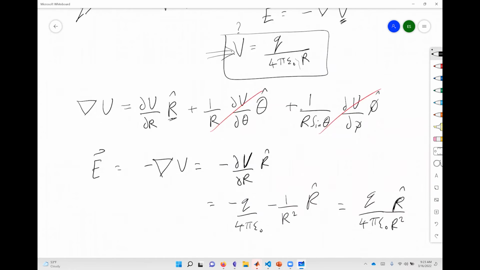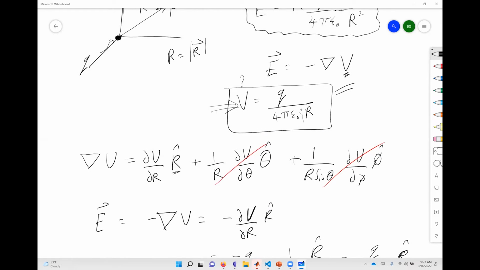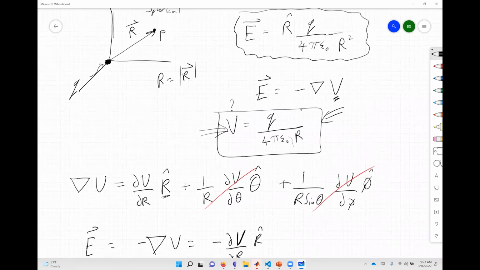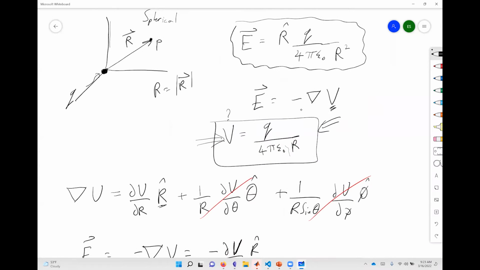So this is a good candidate for representing the scalar field, or the potential field, for a point charge. The question is, is that the only candidate? No, I could have added any constant here, plus C, and I would have gotten the same result, right?